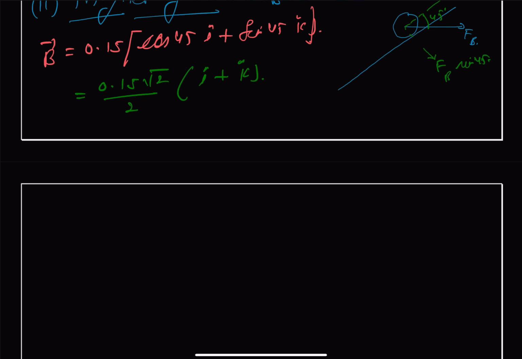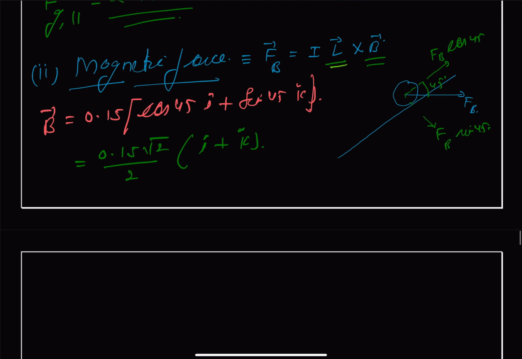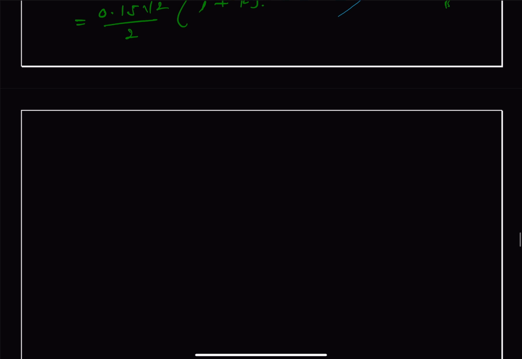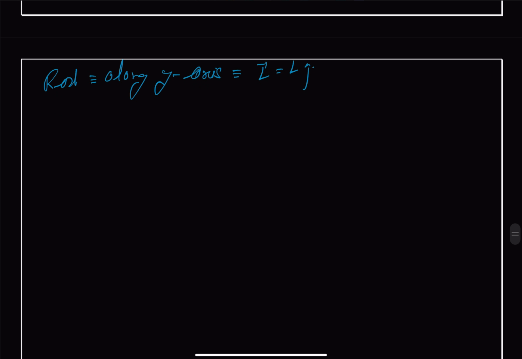And now we come to our L vector, that's the length vector, which is our rod. So we can say our rod is along the y-axis, and this L vector can be written as L j unit vector.